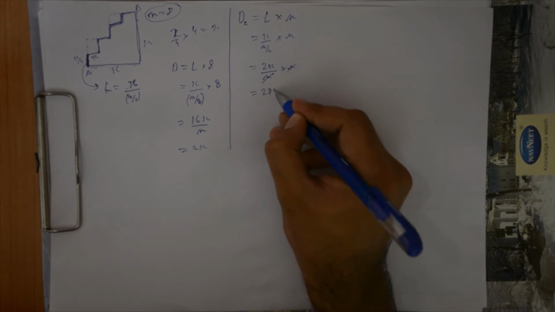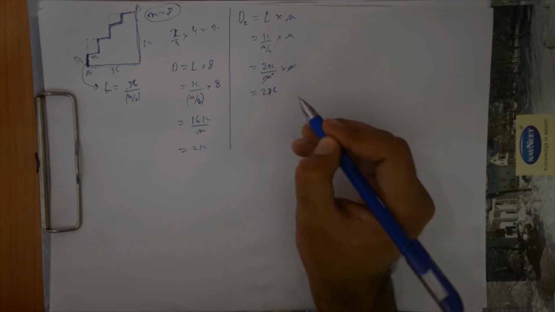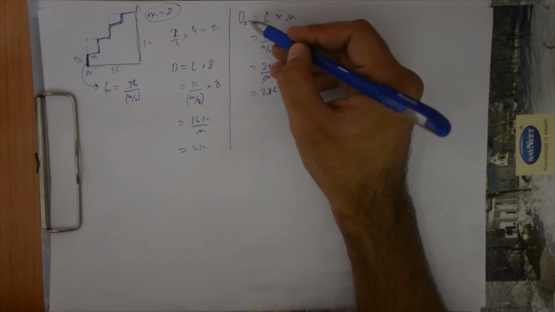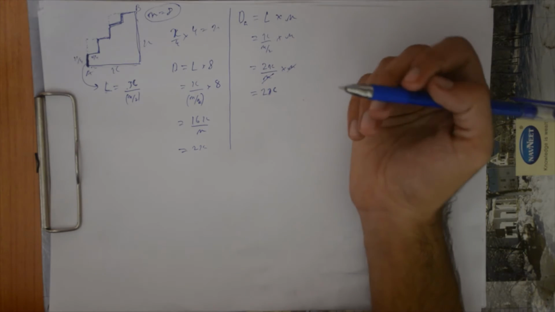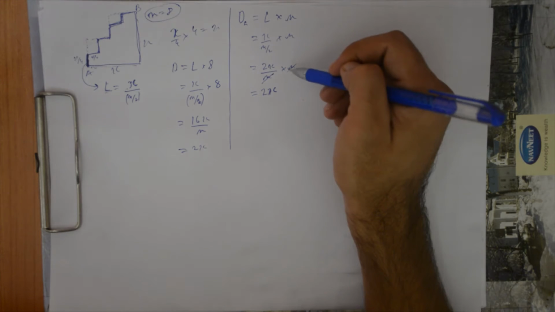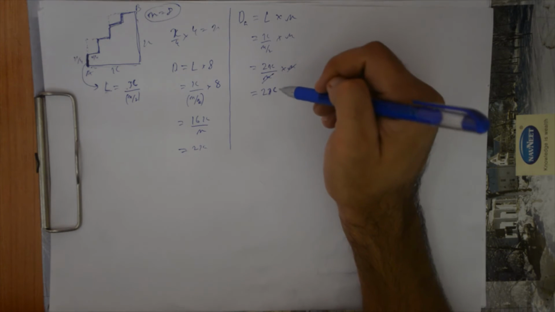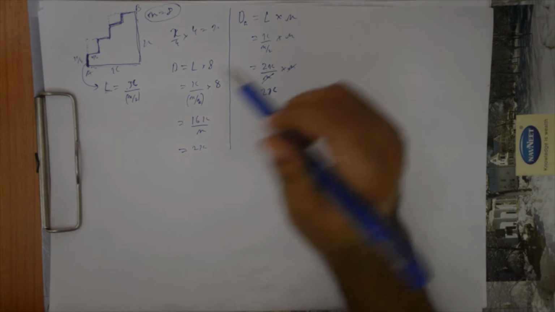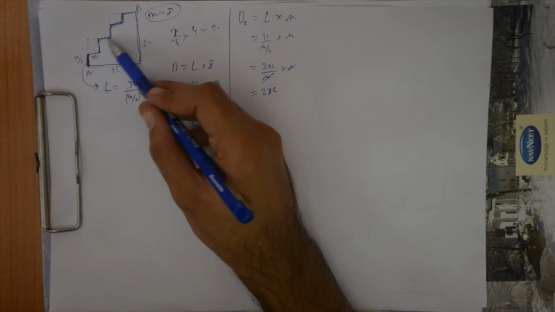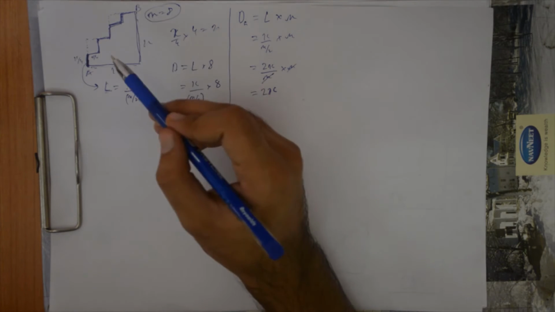So as we can see, even in the general equation, there is no variable such as n. The n has been cancelled out, so there is no role of n in the distance of this whole path from point A to point B.